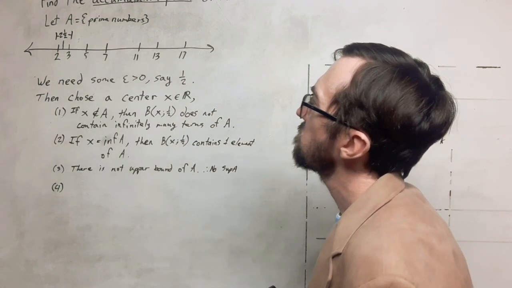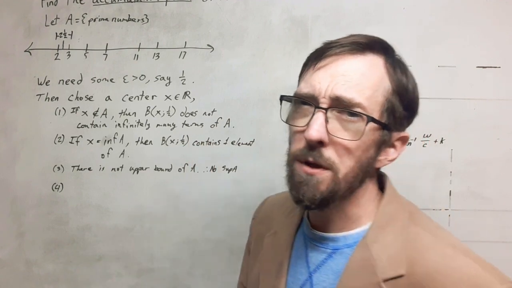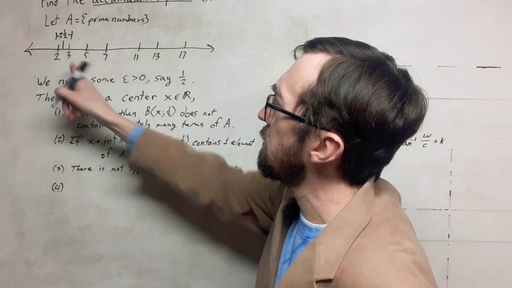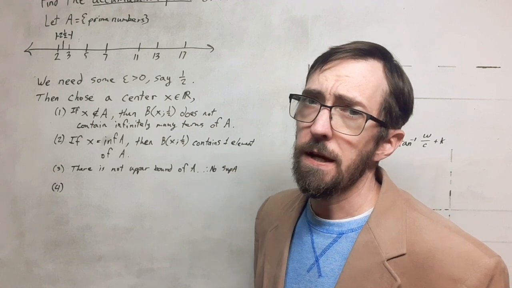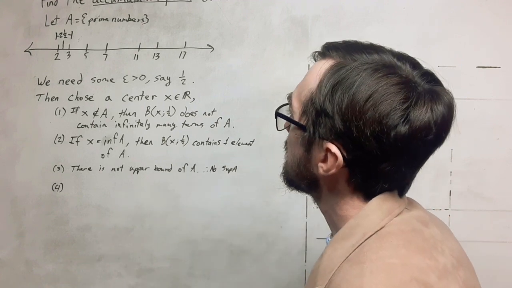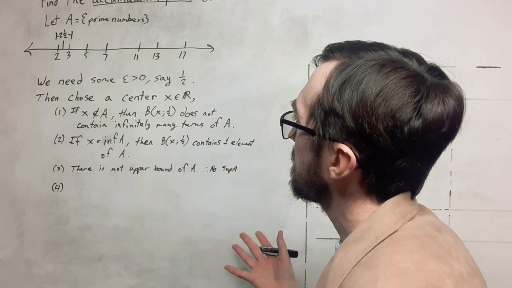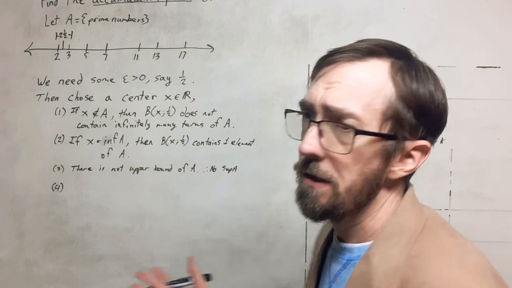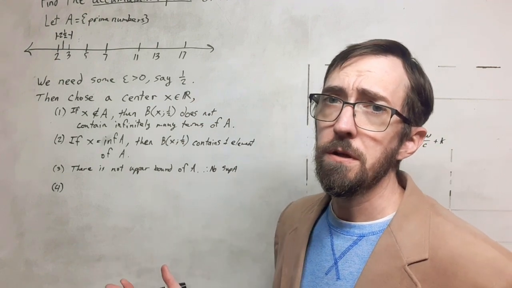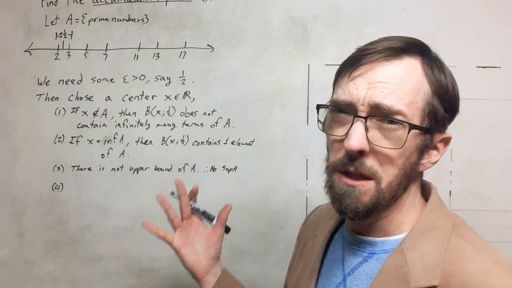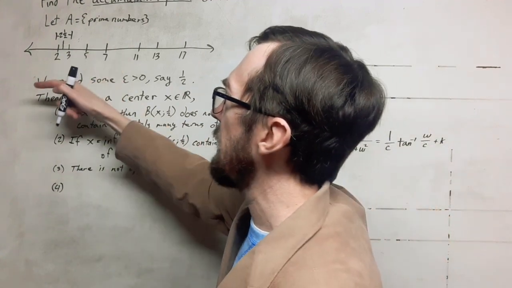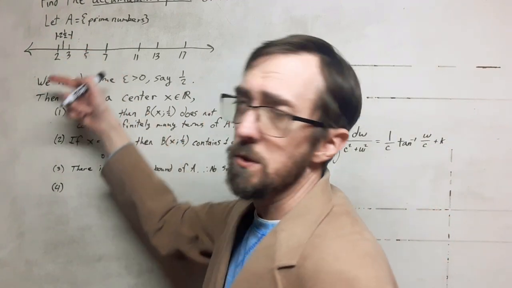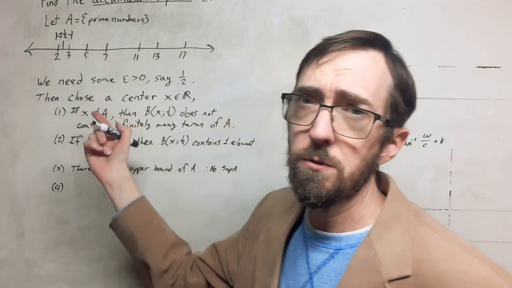All right? So if this is an open interval, technically 2 and 3 are not a part of that. And that's what we typically look at as an open interval. So we don't count the endpoints when we add a half and subtract a half. So if it was a closed interval, it definitely includes 2 and 3.